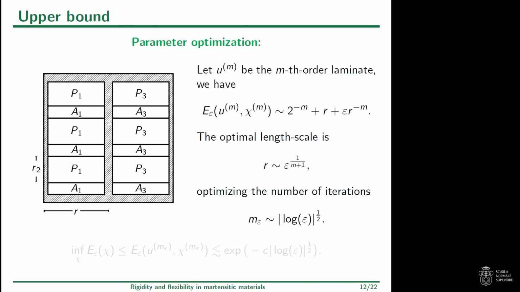That then in this case is finite. Okay, they are just very, very, very large, because it depends on this factor epsilon. Then by optimizing everything, the order of lamination that you have to do is this one. You plug this in, and then you get the upper bound. So this accounts for the proof of the upper bound.